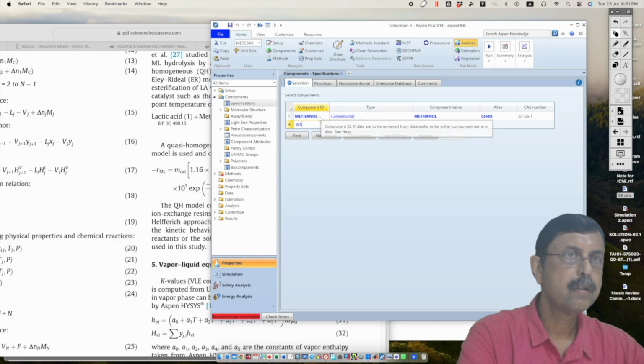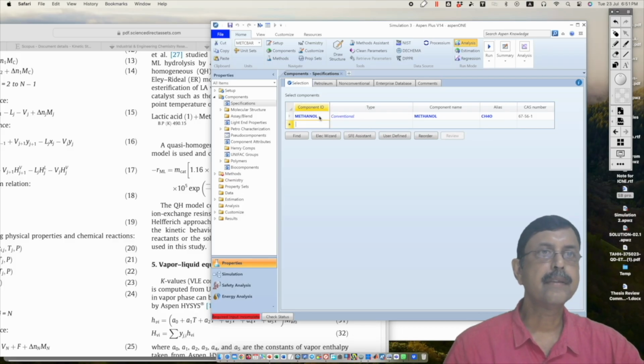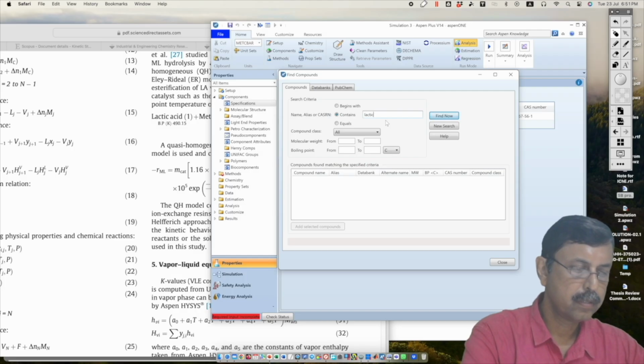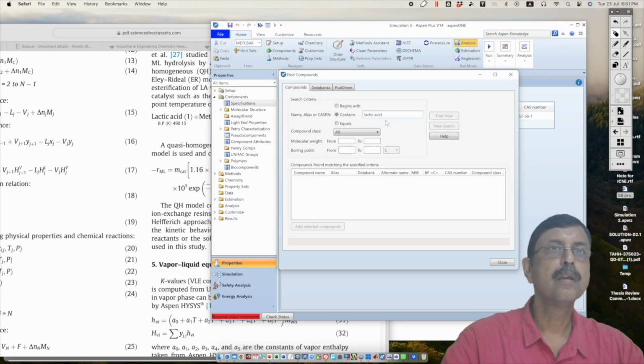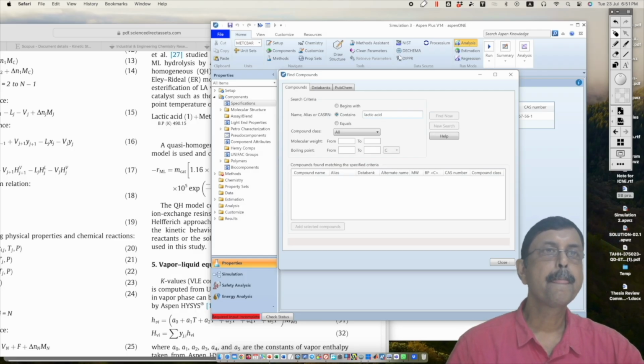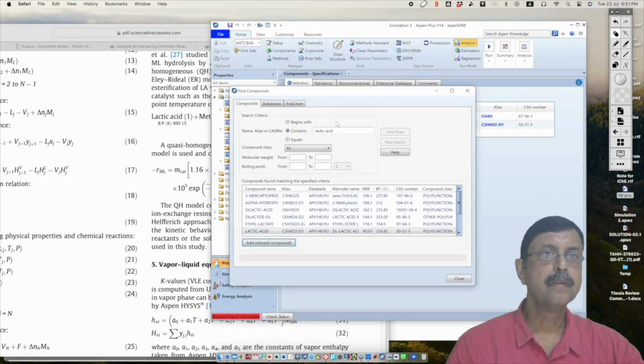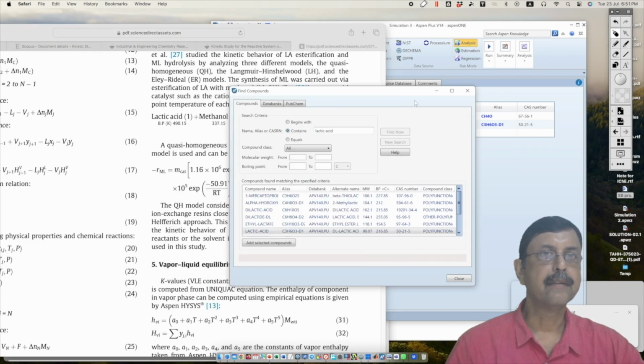and then lactic acid. So this is lactic acid, and then methyl lactate.